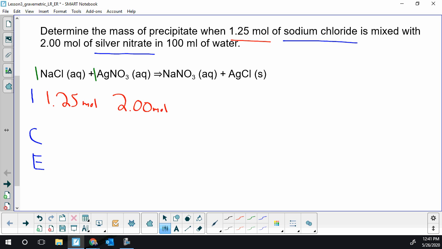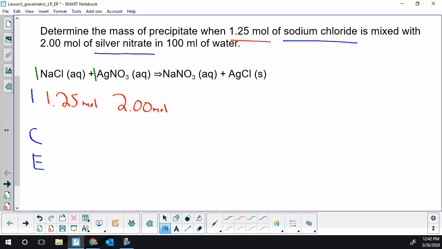So these are going to react in equal amounts. They'll both react 1/4 mole together, then they'll both do 1/2 mole, they'll both do a whole mole, they'll both do a whole mole and 1/4. Once 1 and 1/4 moles of both react, the reaction will have to stop because we'll run out of sodium chloride.